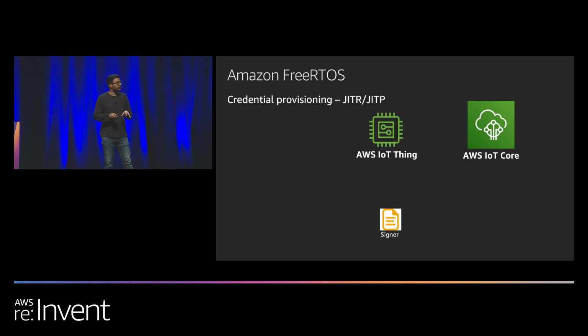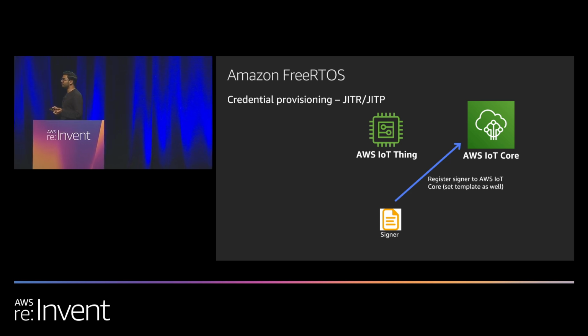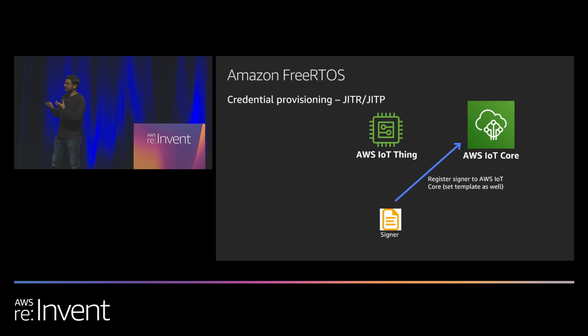All you need to do essentially is register this signer certificate at AWS IoT Core. And if you are using just-in-time provisioning, then you might have to set up the template as well. Once this registration is completed, you could offload everything else to other service providers. For example, in our case, the secure element vendor did everything else for us.